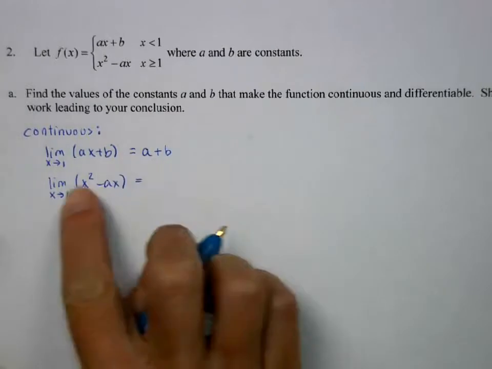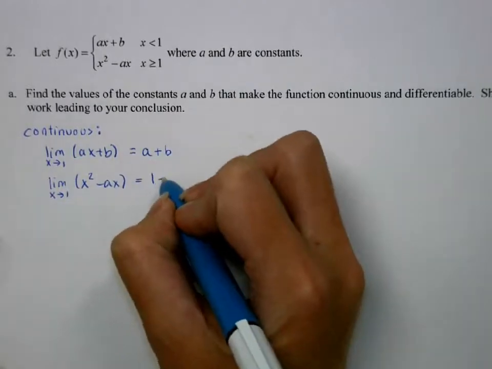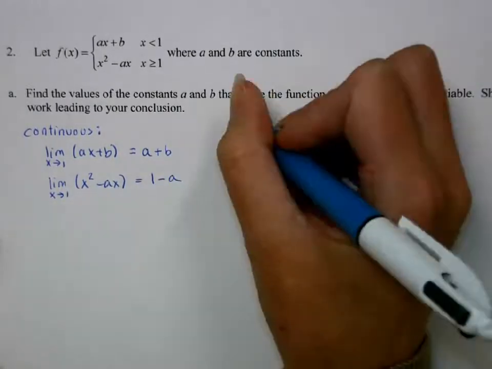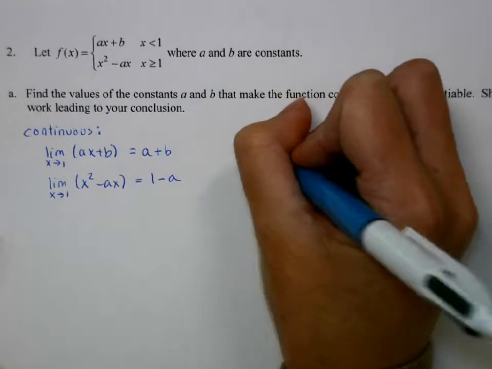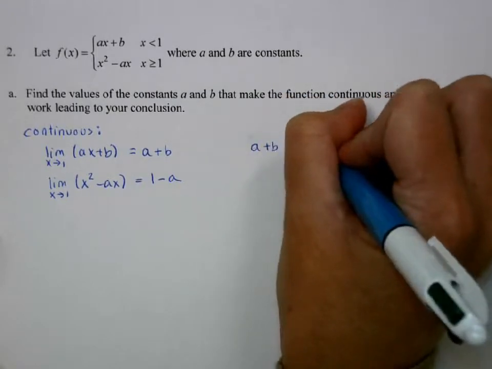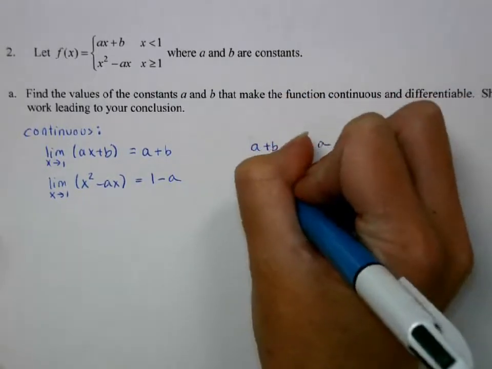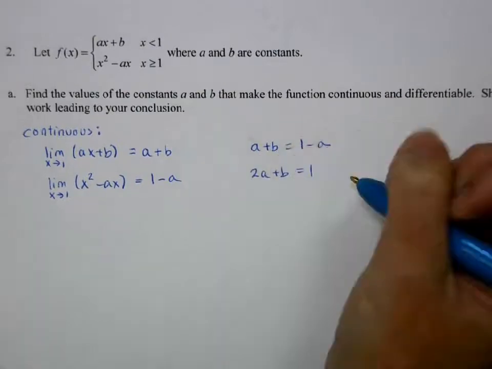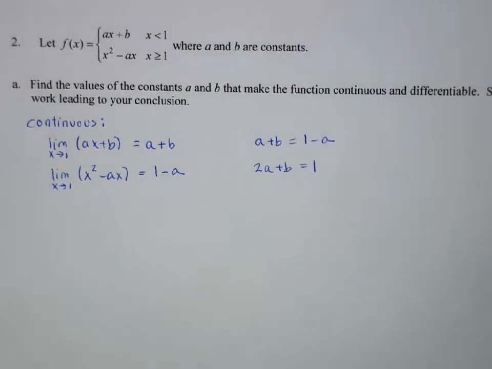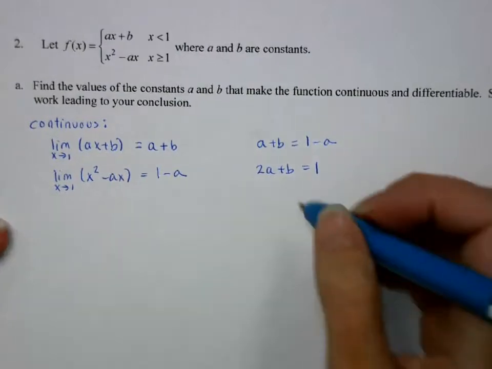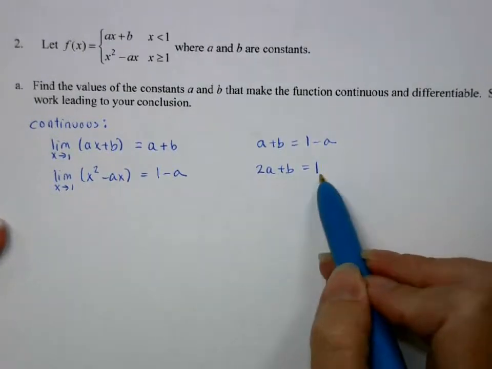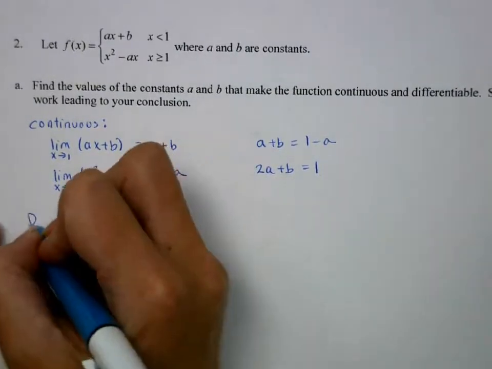As this one goes to 1, we're going to have 1 minus a. So for it to be continuous, a plus b needs to equal 1 minus a, or 2a plus b needs to equal 1. Okay, so we need more information to find out what any a and b satisfies this will make it continuous.